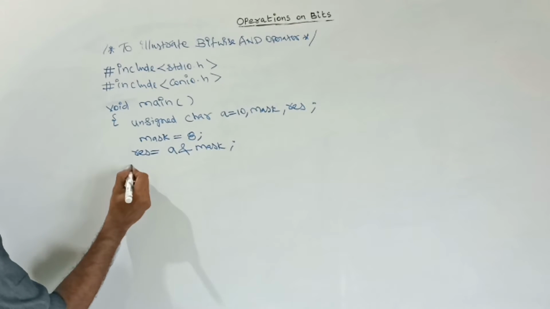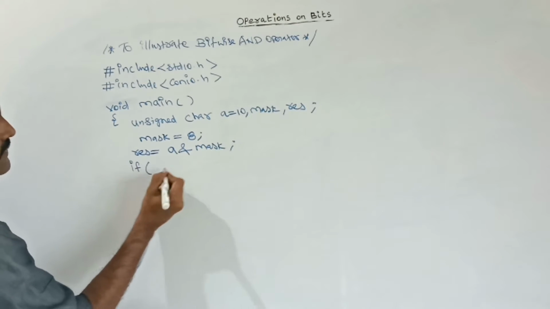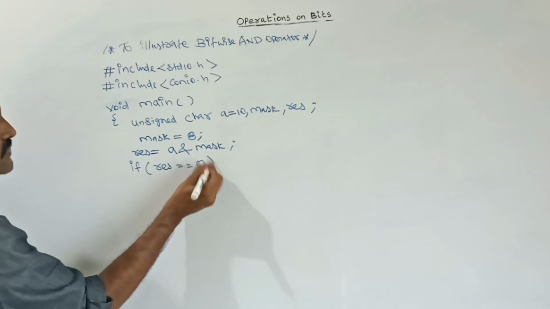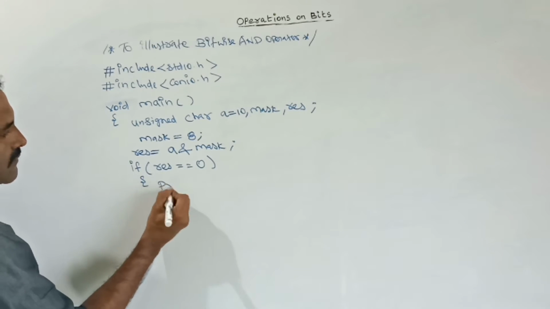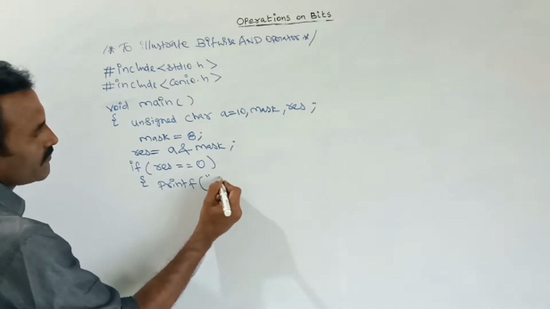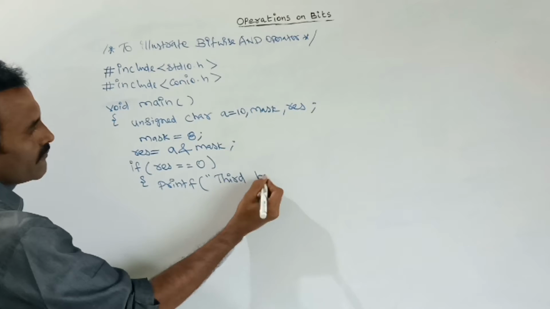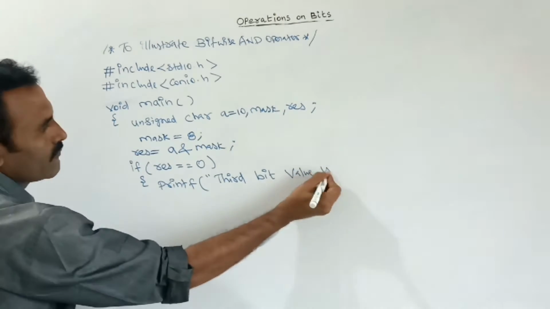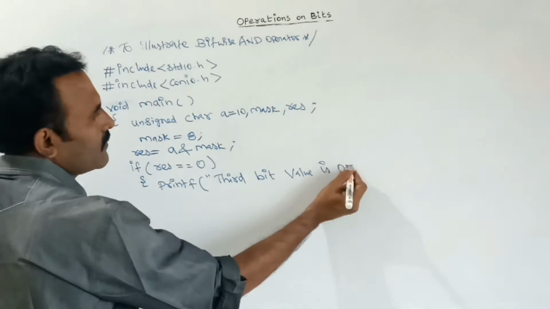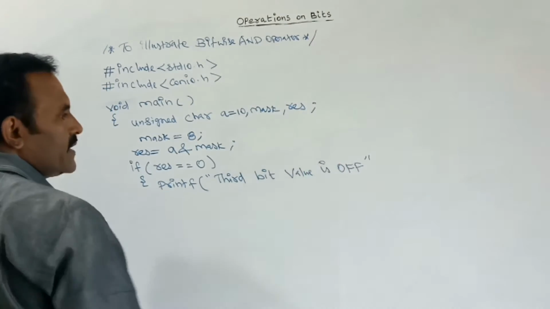By using this if condition we can check whether this result has value 0. Then printf: third bit value is off, or 0, anything we can give.